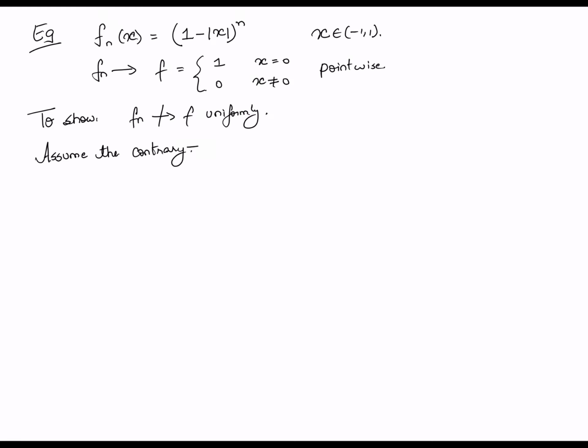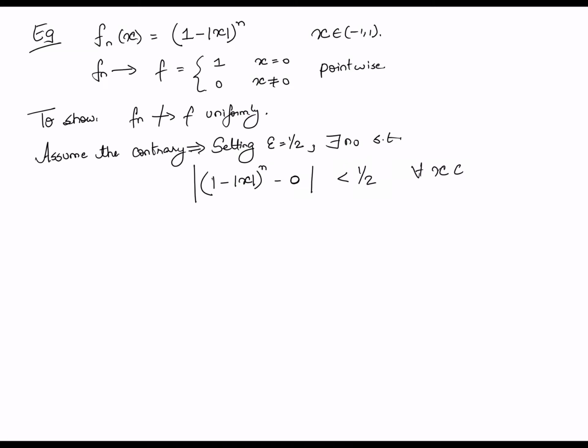In that case, setting epsilon equal to, let's say, half, that would imply that there exists an n naught such that the difference between the function, (1 minus mod x) the whole raised to n, and the limit, let's just look at points which are different from 0, so the limit is going to be 0, must be less than half for all x in, let's say, -1 to 1 minus the origin, and for n greater than n naught.